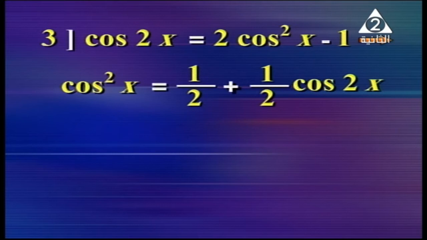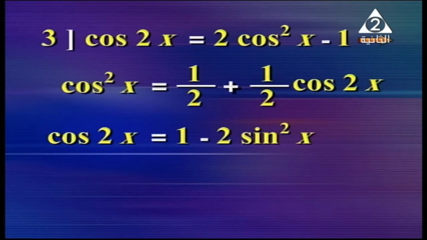Remember, dear student, this rule is very important. We can represent cosine squared x by using cosine of the double angle: cosine squared x equals half plus half cosine 2x.